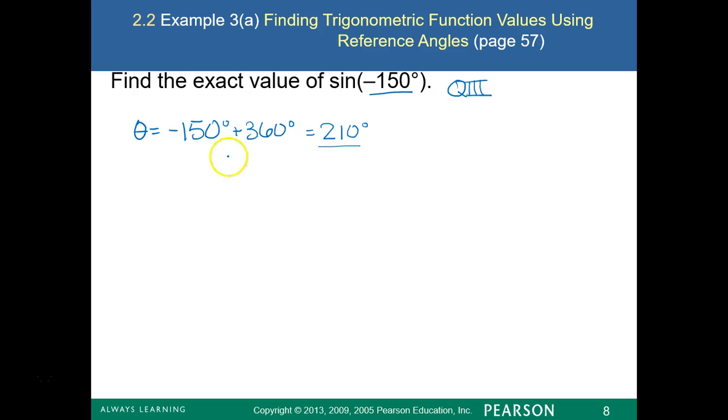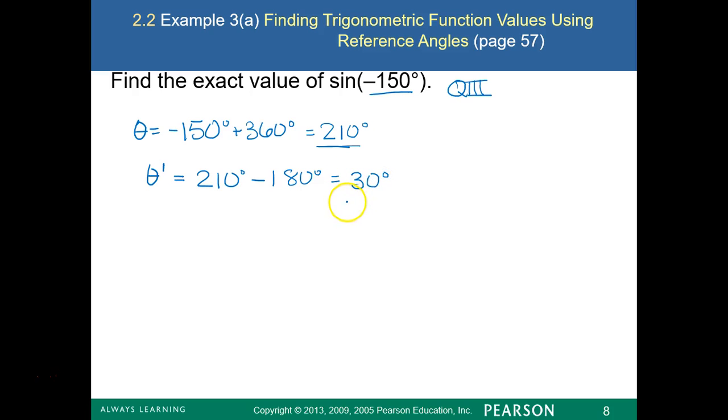But the next step in finding what sine of negative 150 degrees is equal to is to find its reference angle. Since it lies in the third quadrant, we take our angle and subtract 180 from it. So take 210 degrees, subtract 180 degrees, and that gives us 30.